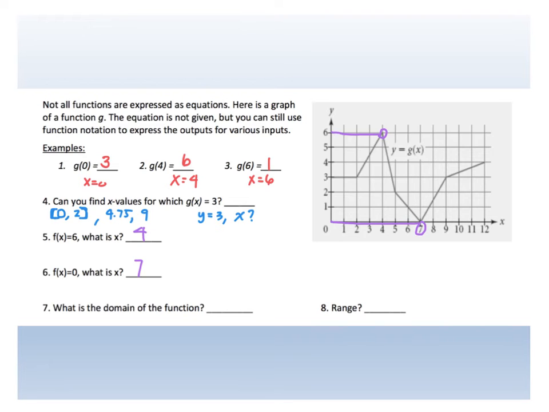Okay? Now, your domain. Your domain is basically the lowest x value and the highest. Sometimes we have infinity, but for this, today, we don't. Why? Because there are no arrows that tell us that it continues on forever. So my lowest x value is right here, which happens to be 0.